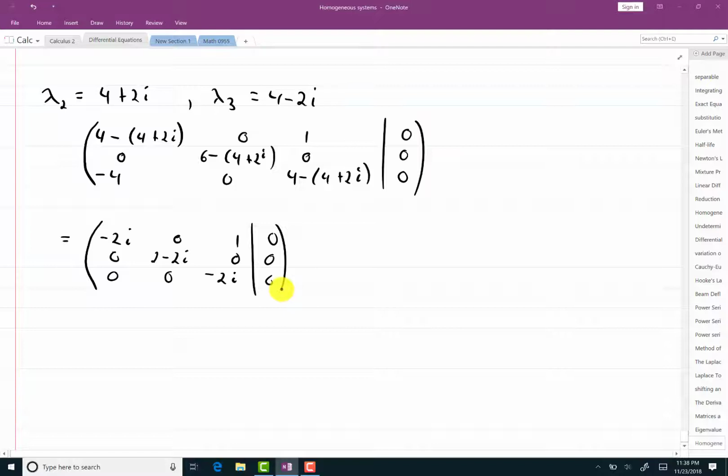Now it may be a little cumbersome, but check this out. Right here it says that 2 minus 2i times y equals 0. Well, that forces y to equal 0. Same down here, negative 2i times z equals 0, so z equals 0.